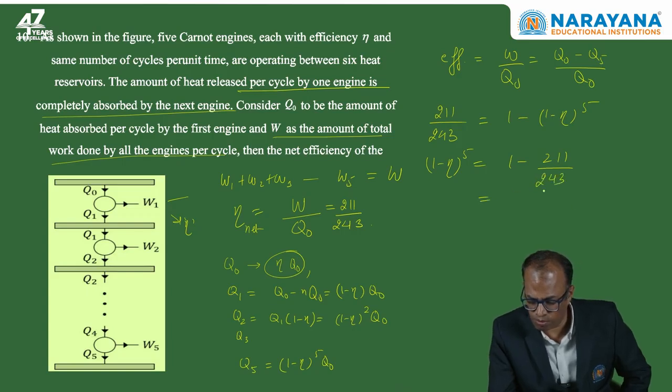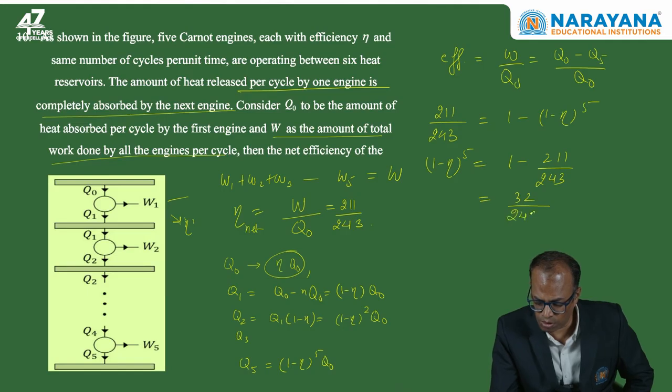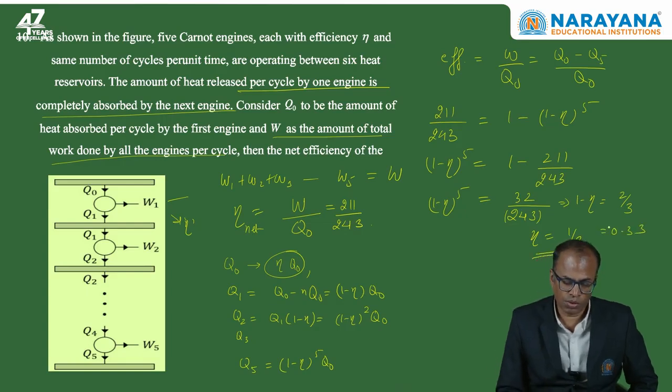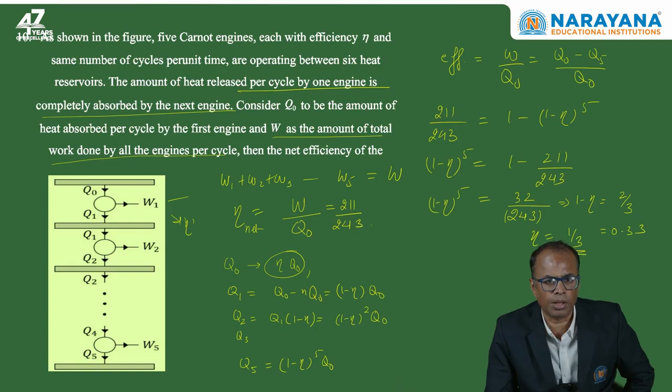Take the LCM, 243 minus 211 is 32. That looks a nice number because I have fifth power over here. So I get 1 minus eta as, this is 2 raised to power 5 and this is 3 raised to power 5, so this is 2 by 3. So eta comes out to be 1 by 3, that is 0.33. So the answer to this question is 0.33.